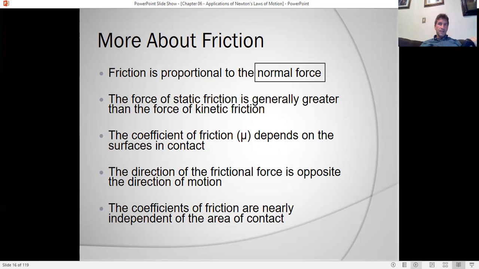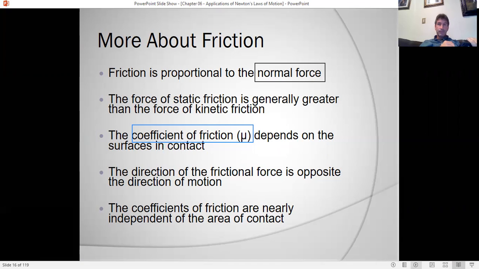In addition to this, we also have a frictional force, which is proportional to this normal force, but it depends on how much the two surfaces stick together. Okay? The more the surfaces tend to adhere to one another, the greater the coefficient of friction, and that is going to be very important for calculating friction.